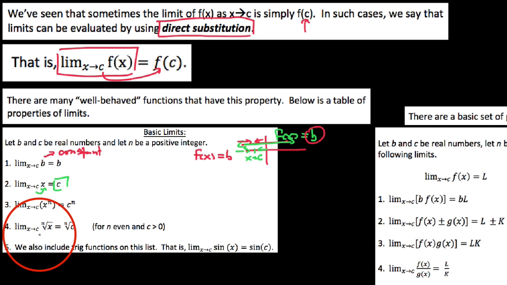And last but not least, if you take the limit as x gets really close to c of some root function, some nth root, we can just replace the x here with the c as well for only even n here and c positive. So the last one is just trig functions. Also, if we take the limit of a trig function of x here as x gets really close to c, we can just go ahead and directly substitute for that right there. So what we're going to do is use this direct substitution property on these next set of examples.